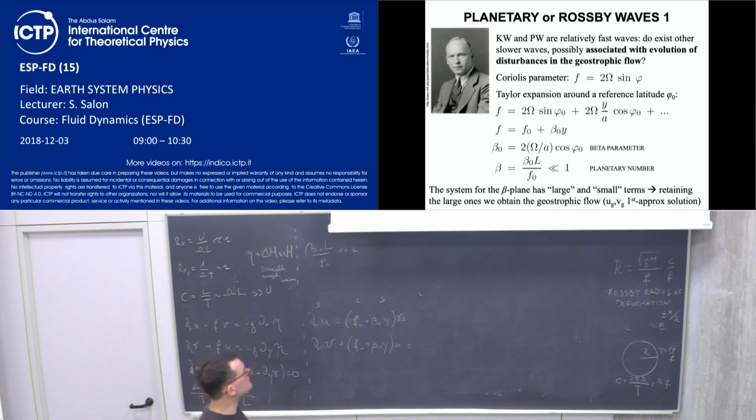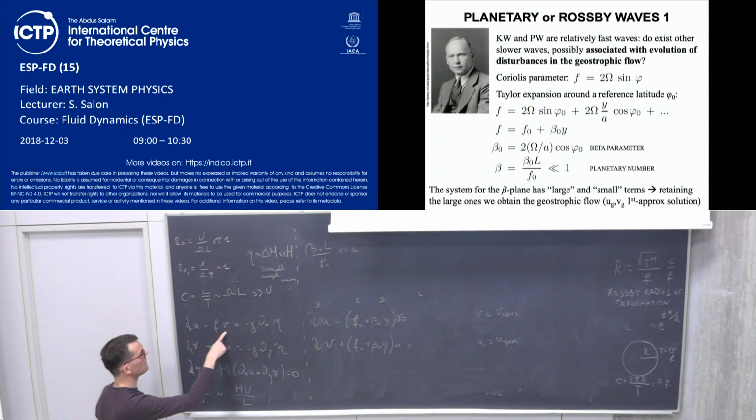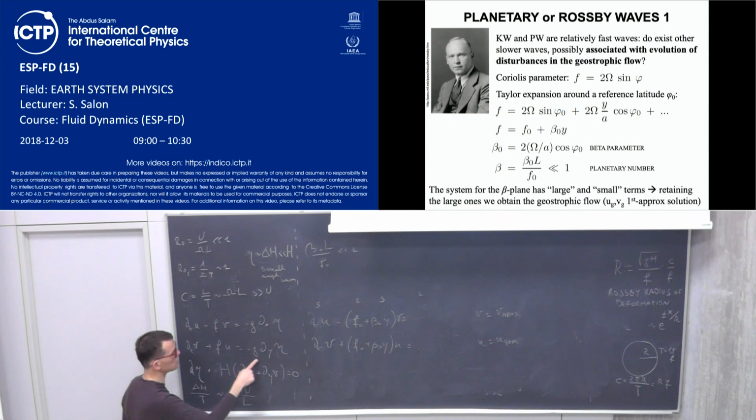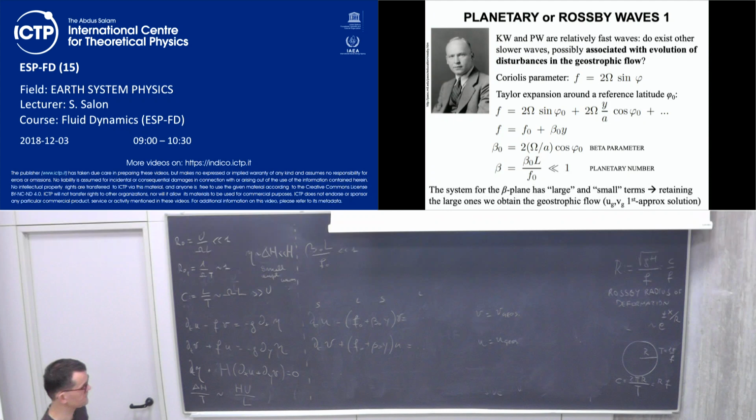Okay? So this means that if we neglect the small terms, we can do it because they are much smaller with respect to the large terms. If we neglect the small terms, we just find the usual geostrophic solution, which will be, in this case, v equal to g dx eta over f, and u equal to minus g dy eta over f.